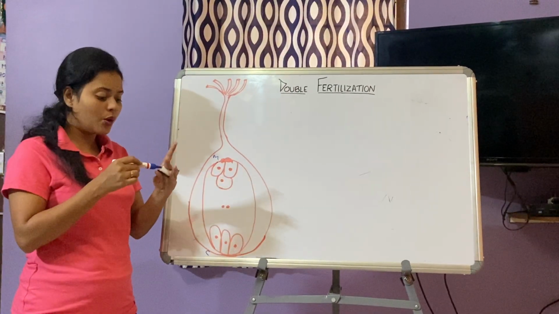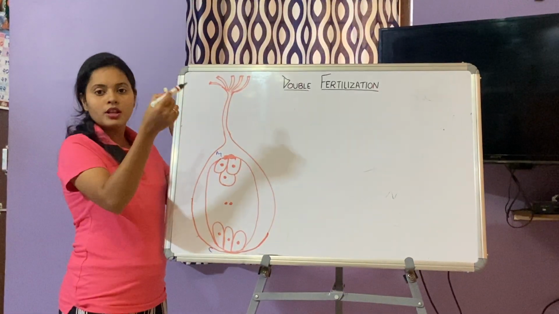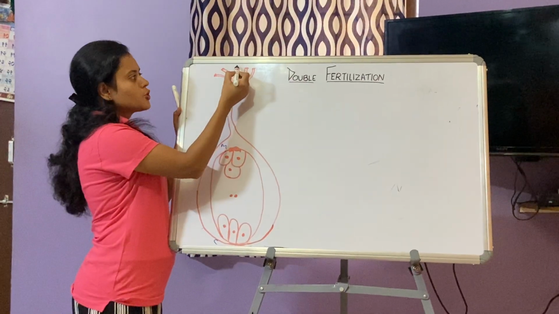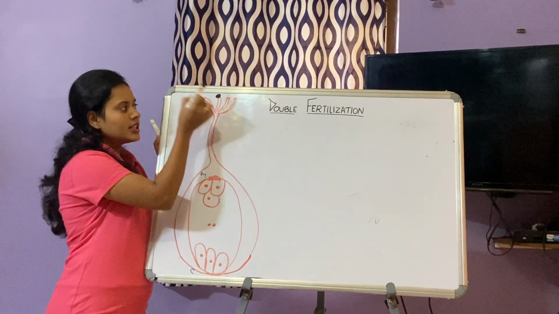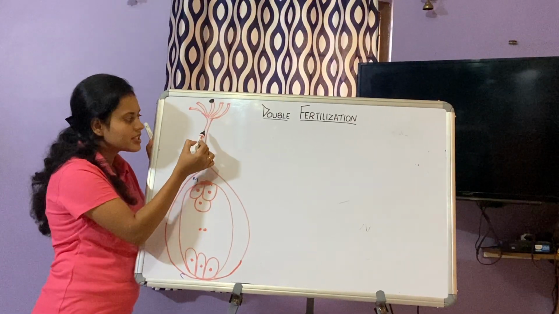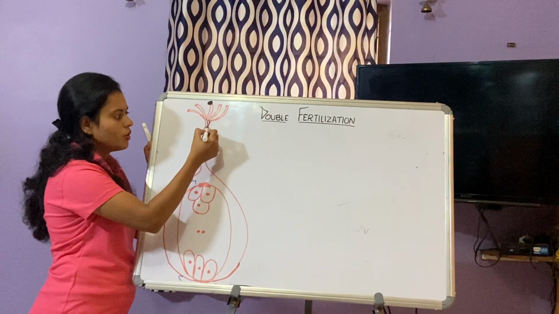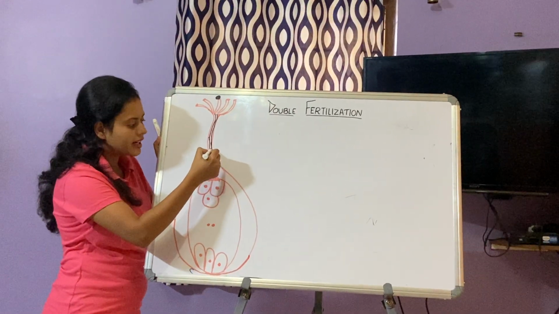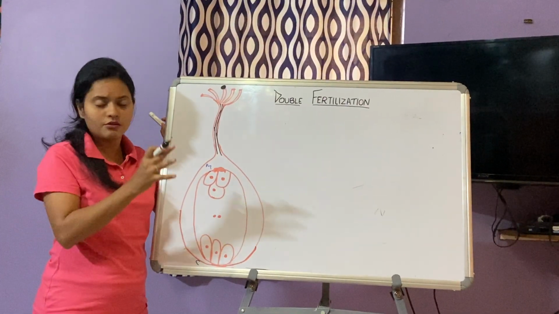Now, as I told you, pollen comes and sits on the stigma. The stigma acts as a landing platform for the pollen. Once the pollen has landed, a pollen tube forms. The pollen tube carries the material from the pollen, the cytoplasm, the nuclei, all that the pollen has.